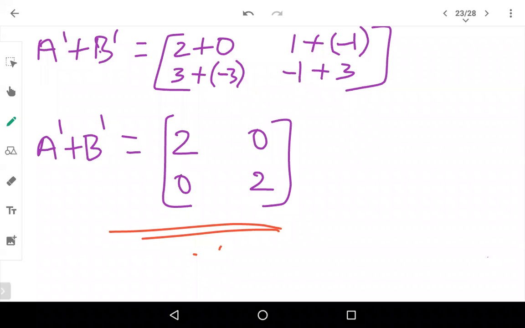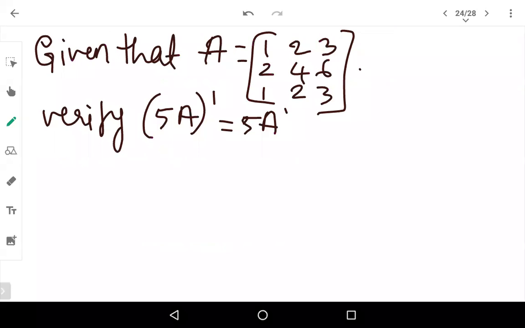Okay. So moving further, given that A is equal to, they have given us a 3 into 3 matrix. We have to verify if 5A transpose is equal to 5 into A transpose. Please be very careful in such problems.